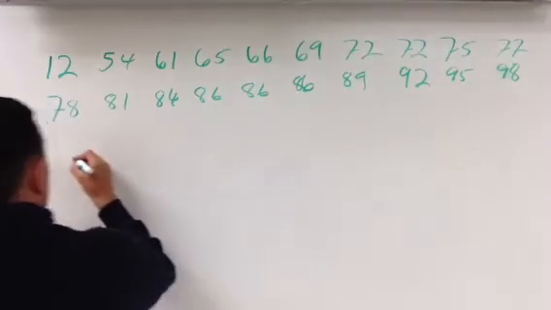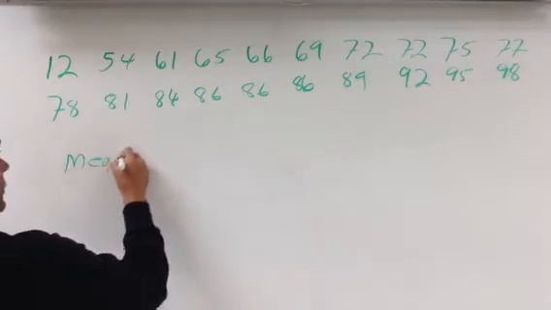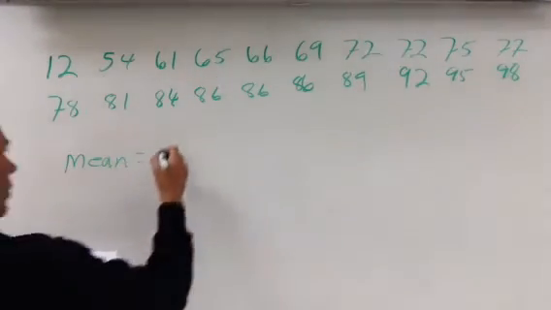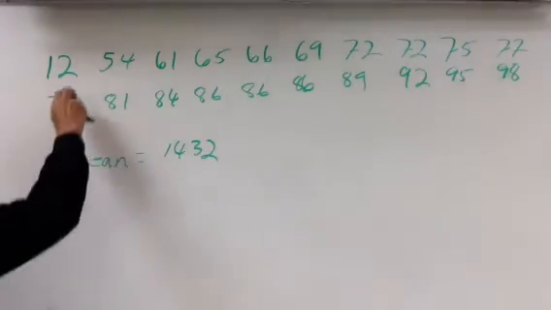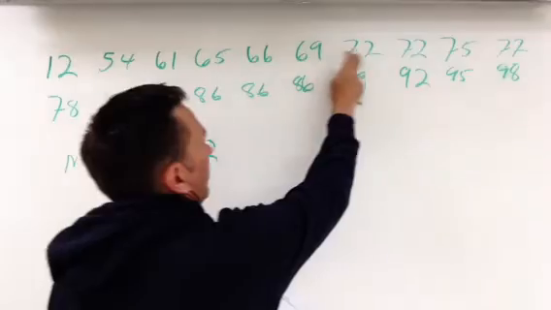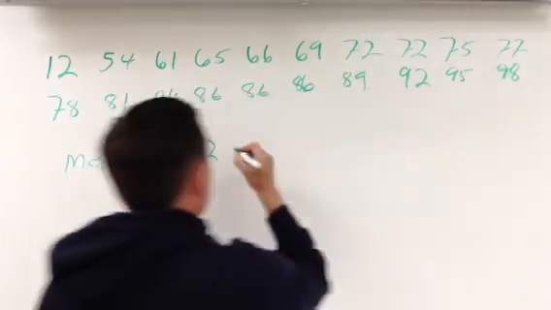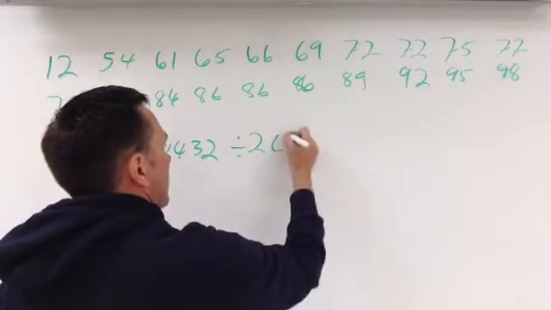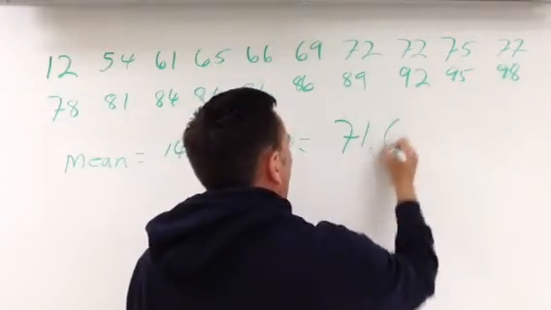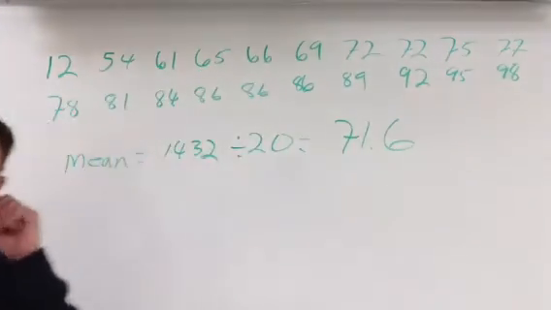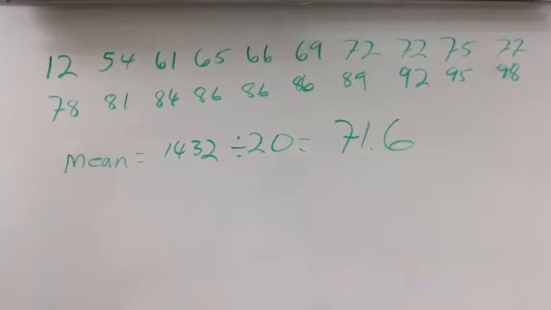So in order to get the mean, we add them up, and it comes out to 1,432. There's 2, 4, 6, 8, 10, 12, 14, 16, 18, 20 numbers. So we divide by 20, and our mean is 71.6. And that's how we get our mean.